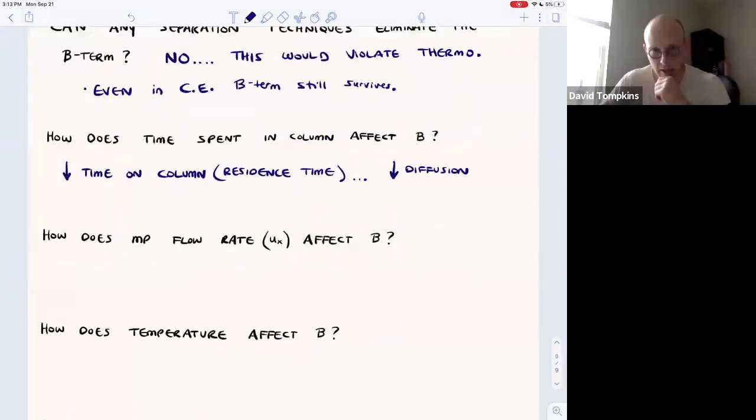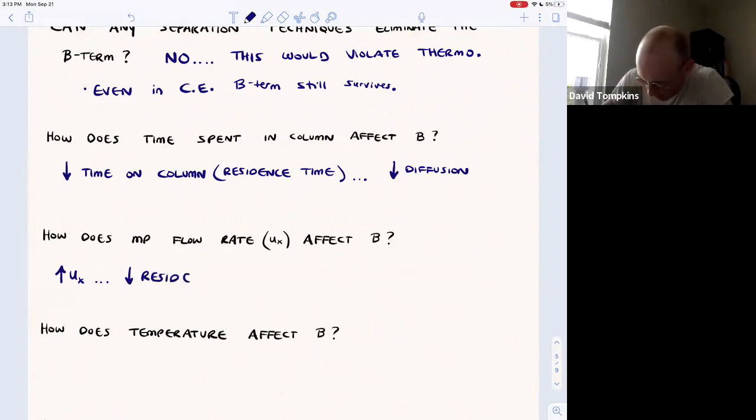So to affect the time spent in the column, that means that we should increase the flow rate. If you increase the flow rate, then you will decrease the residence time, and that will cause lower diffusion.